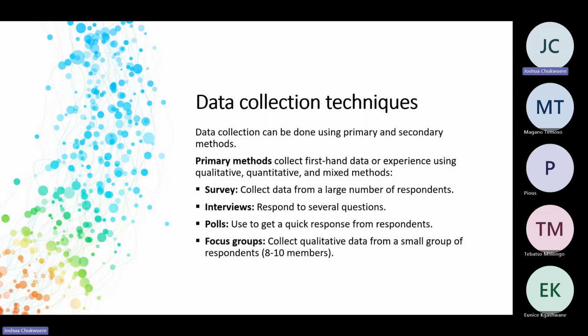In a primary method of data collection, you collect first-hand data or experience using your quantitative, qualitative, and mixed methods. An example is survey, which I've talked about, which is also part of a data collection strategy.